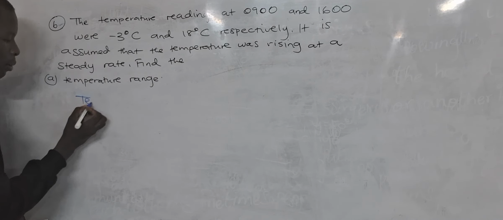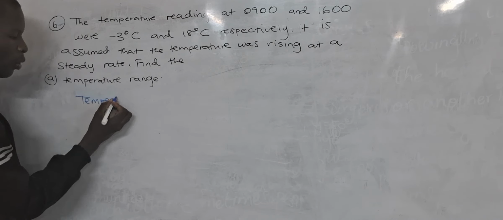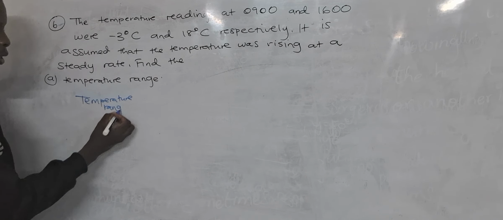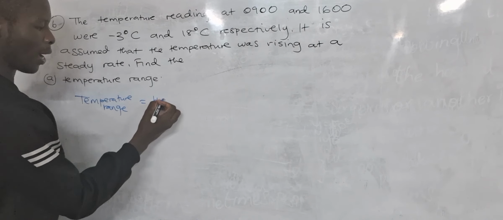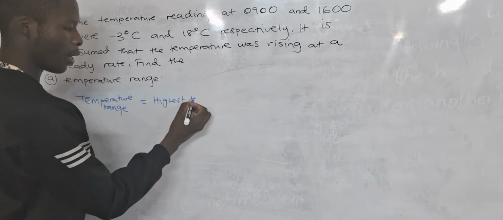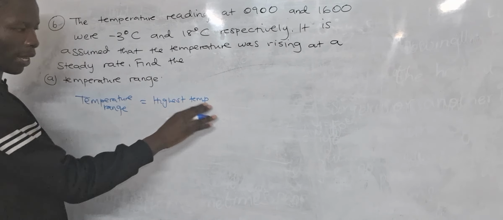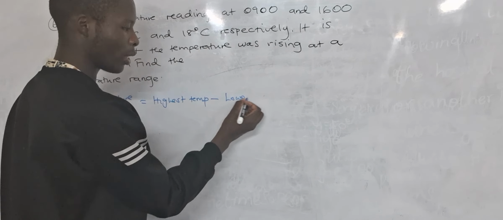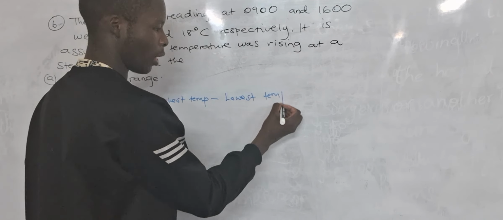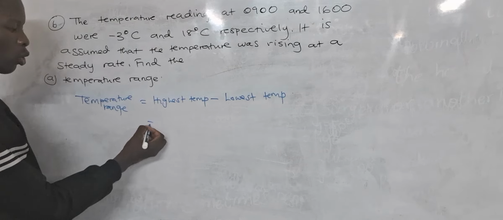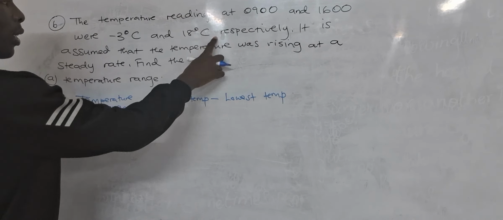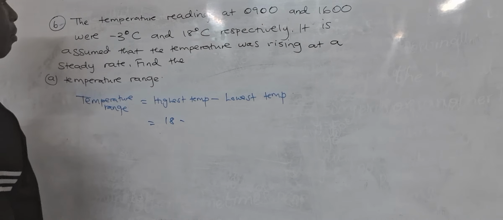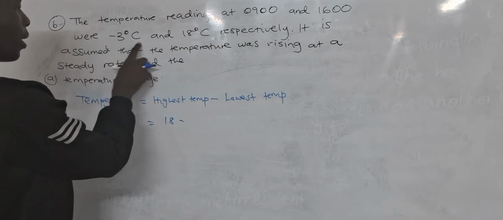How to find the temperature range? We know temperature range is equal to the highest temperature recorded during the day minus the lowest temperature recorded during the day. So the highest temperature recorded during the day is 18, minus the lowest temperature recorded during the day, which is -3.